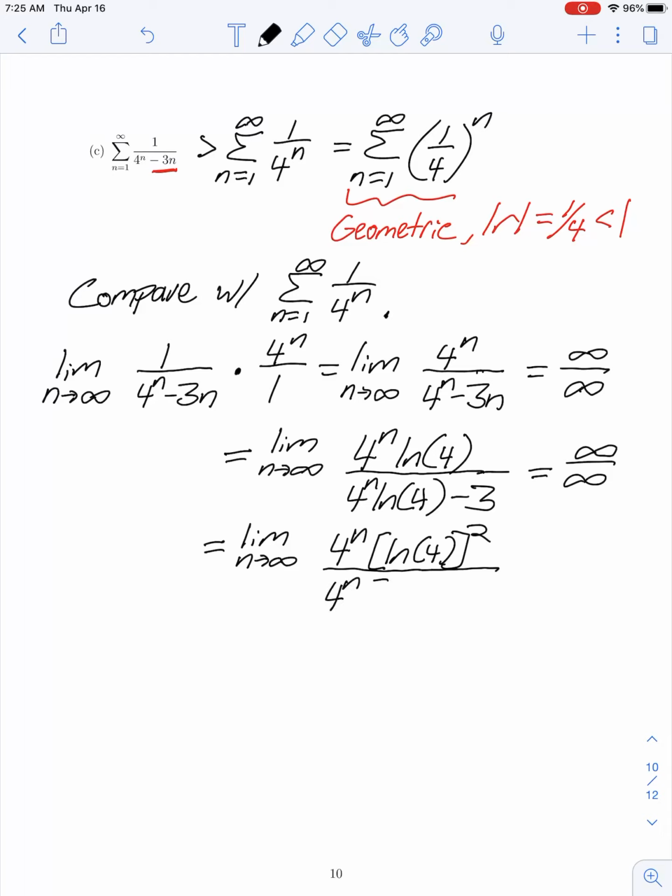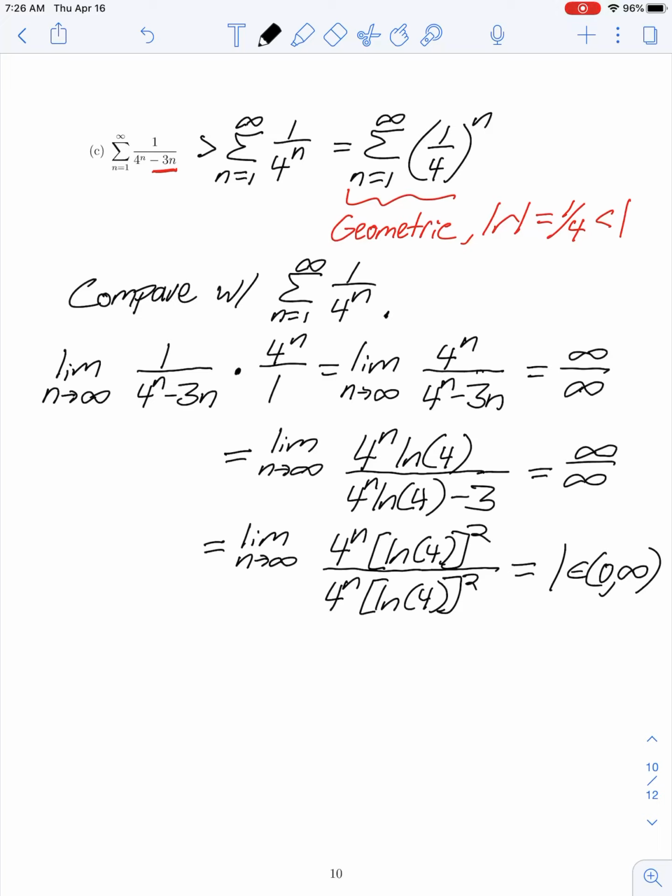And then our derivative for the denominator is the same. And then the minus 3 has a derivative of 0 now. So we're left with the limit of this ratio, which we've got the same expression on top and bottom, so we have a limit of 1. Which of course lies between 0 and infinity.